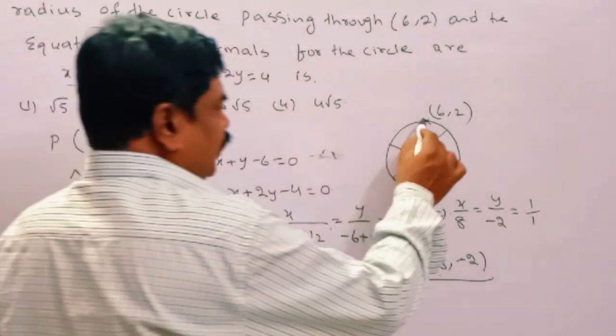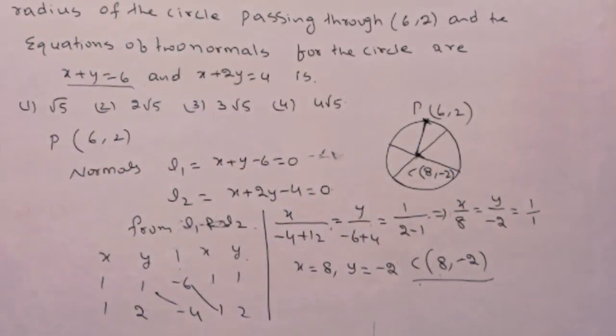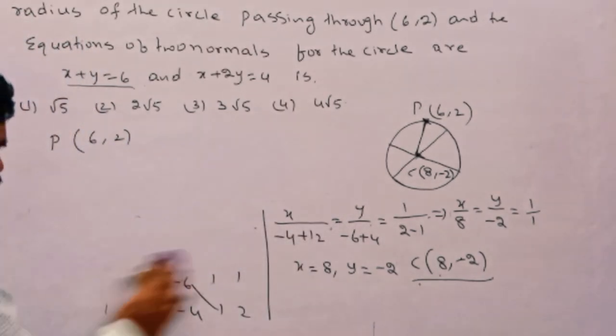This is the point P. Then CP is the radius of the circle.